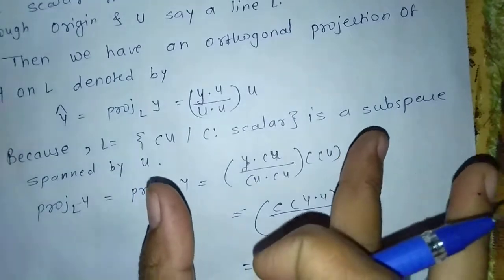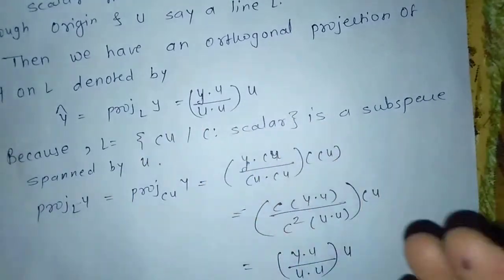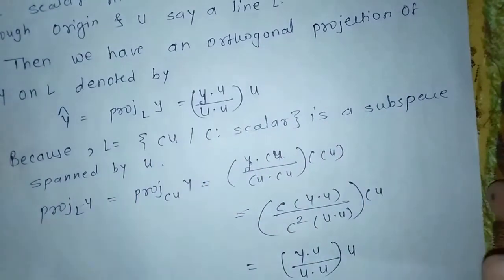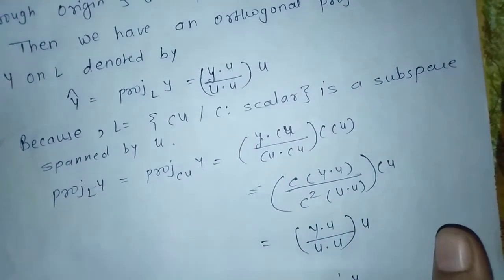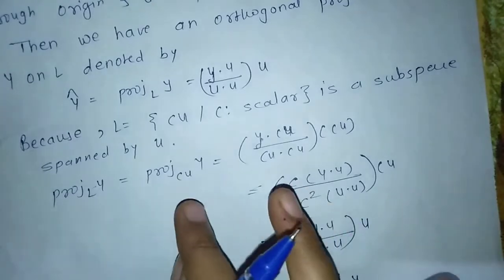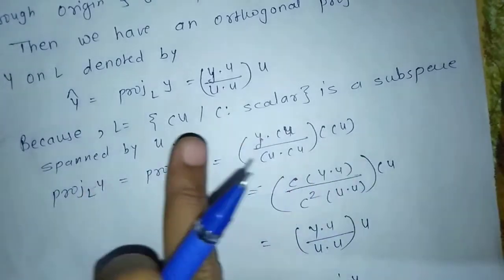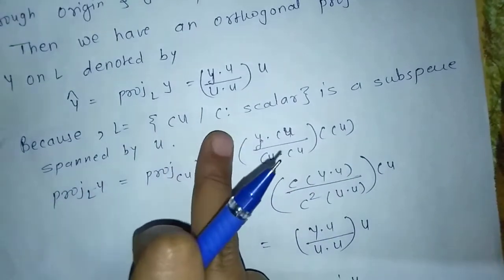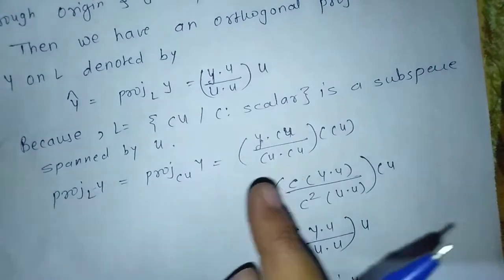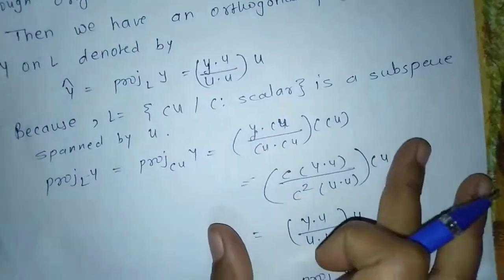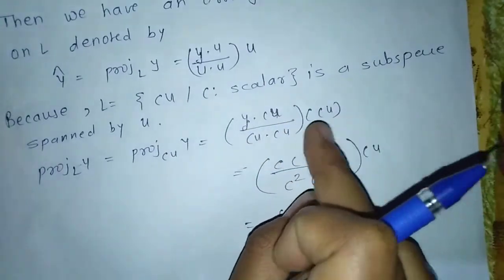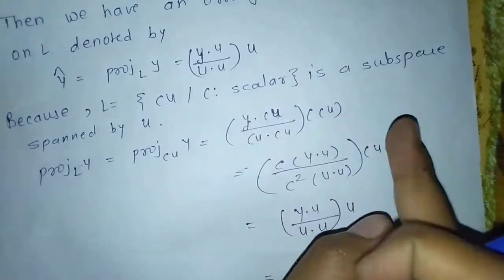Because L is equal to the set of Cu such that C is a scalar, it is a subspace spanned by u. The projection of y on L is equal to the projection of y on Cu, because here we take L equal to C into u, a subspace spanned by u. So replace u by C into u, and we get y dot Cu upon Cu dot Cu into Cu.